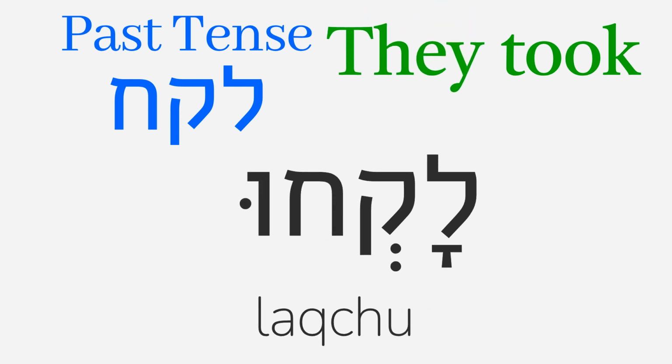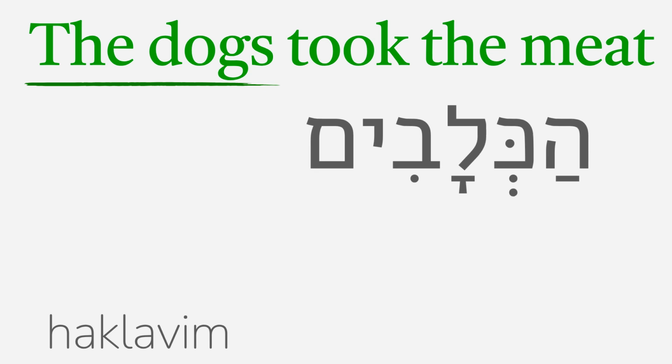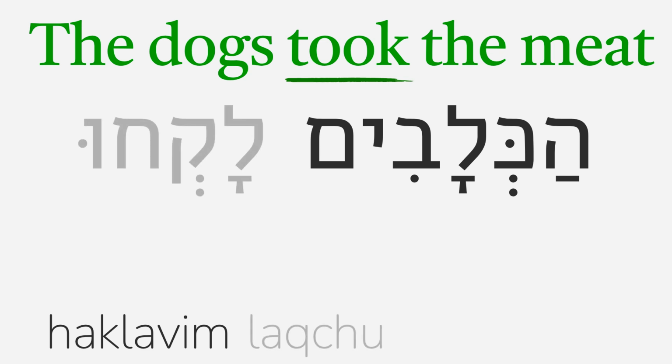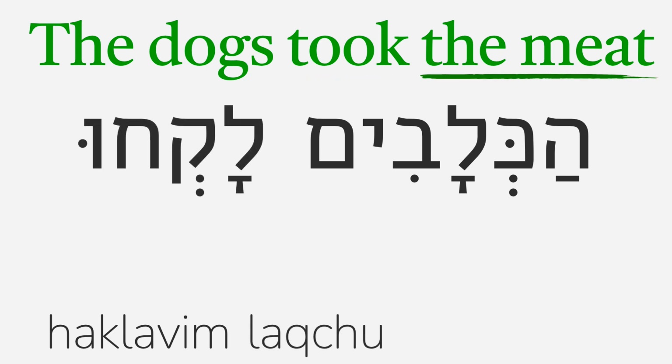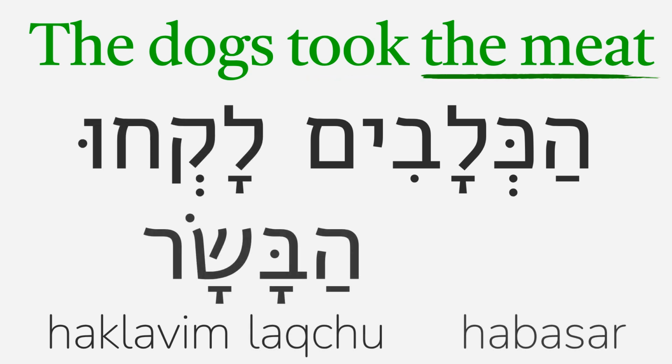Let's say the dogs took the meat. The dogs is haklavim, and since haklavim's pronoun would be heim, they, took will be the heim form of the past tense of lakachat, to take, which is lakchu. The meat is habasar.